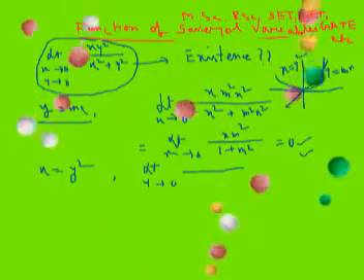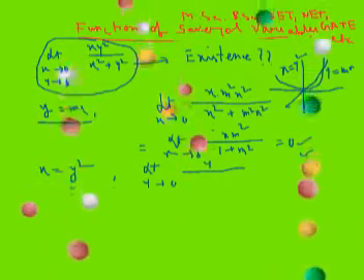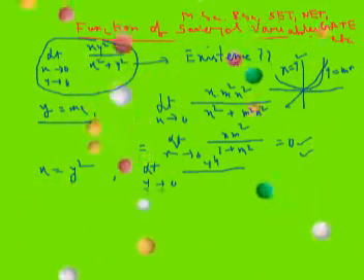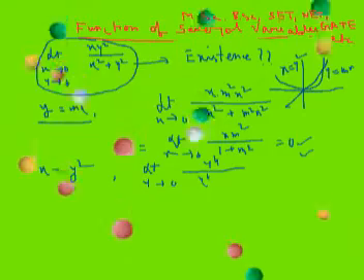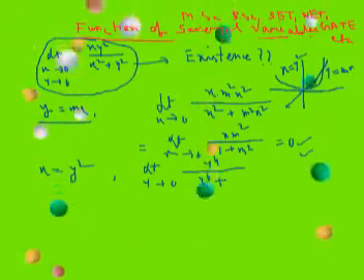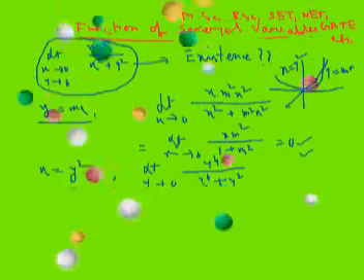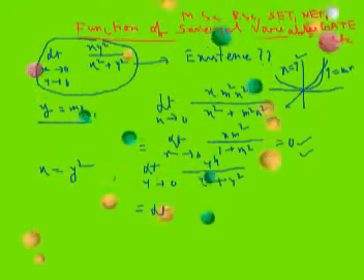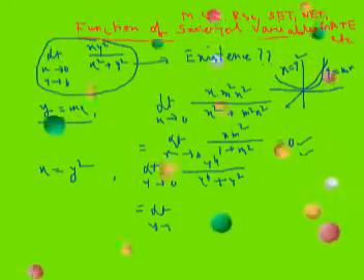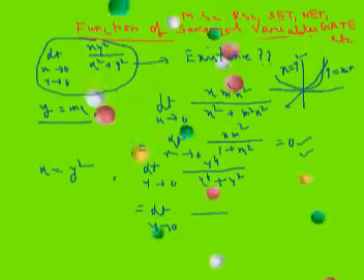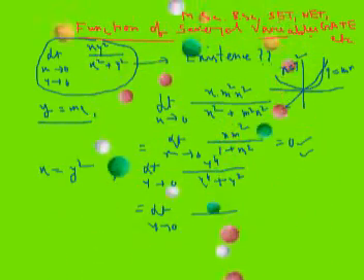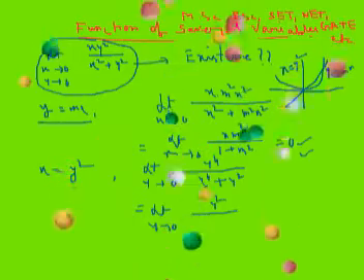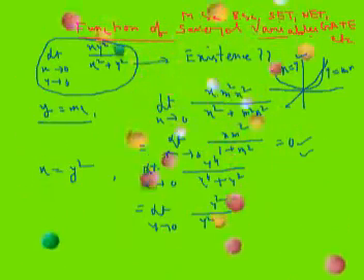Here it will be y to the power 4 over y to the power 4 plus y square. So the limit, y tends to 0, will be y square over y square plus 1.